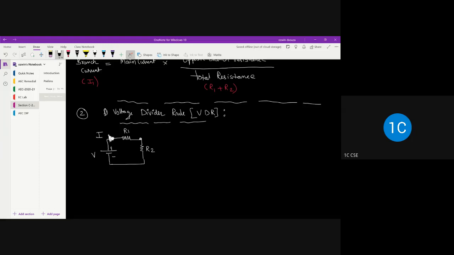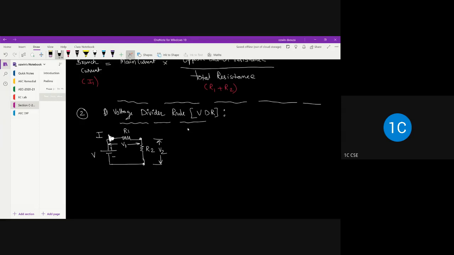The same current I flows through R1 as well as R2. When the current I flows through R1, it gives a voltage drop of V1 across R1. Similarly, when the current I flows through R2, it gives a different voltage drop, V2, across the terminals of R2.